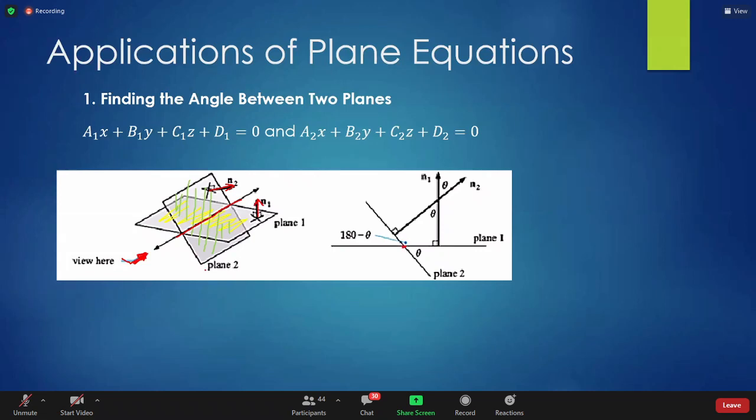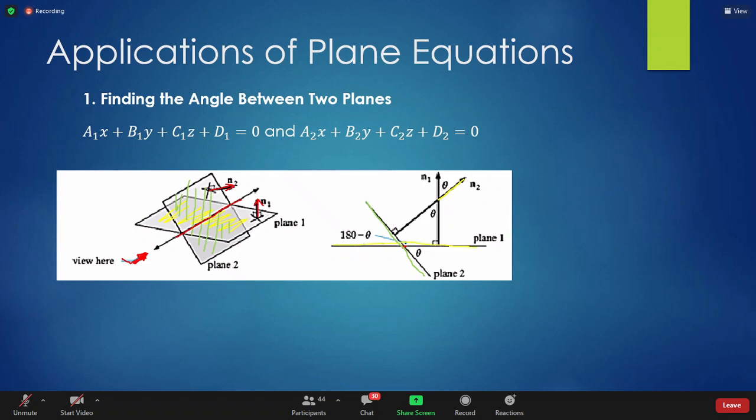So here we see the 2 planes again. The green plane, that would be this one, only now we are looking at it from the edge, from one side, and then we have this other plane.